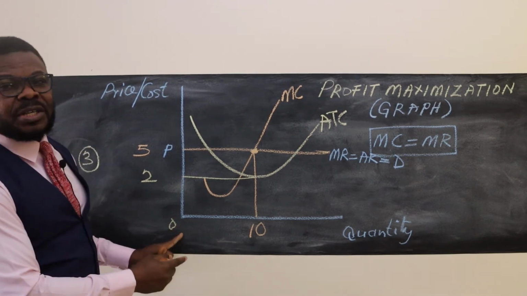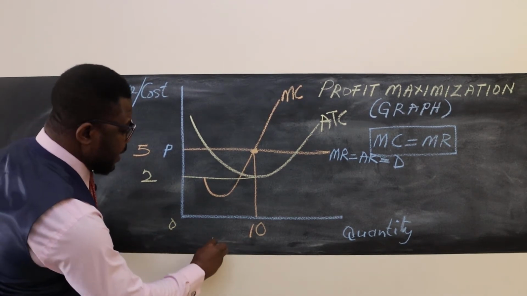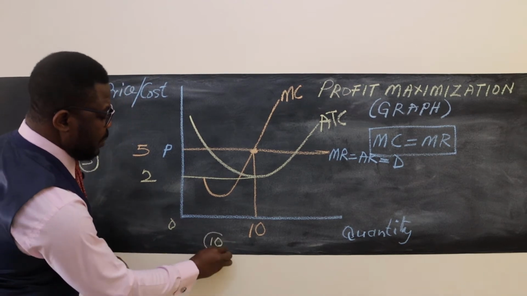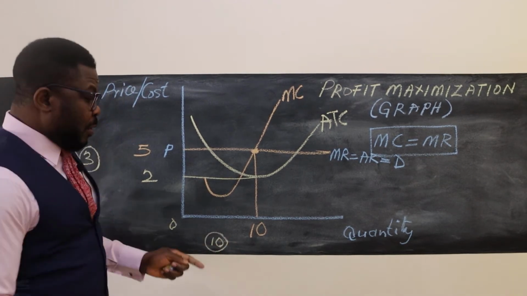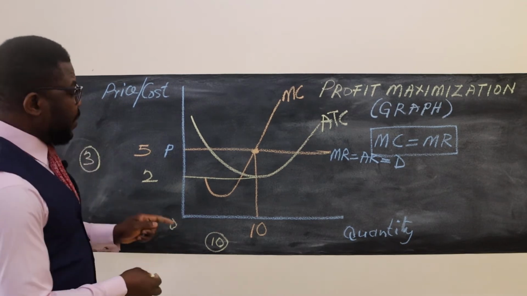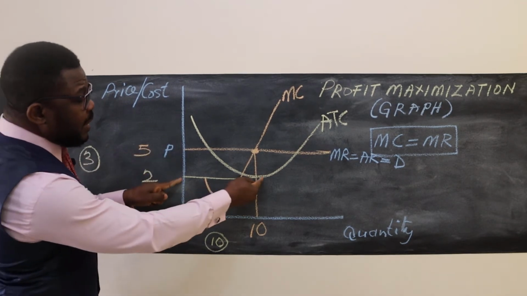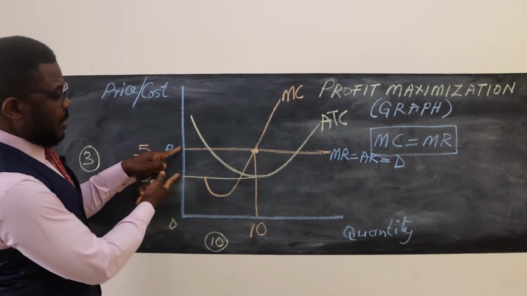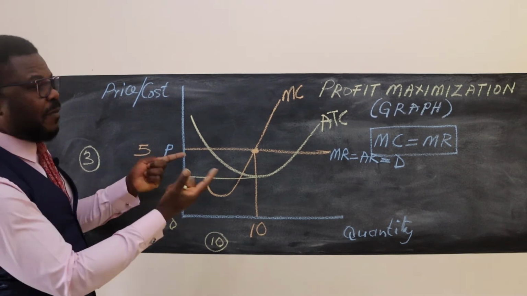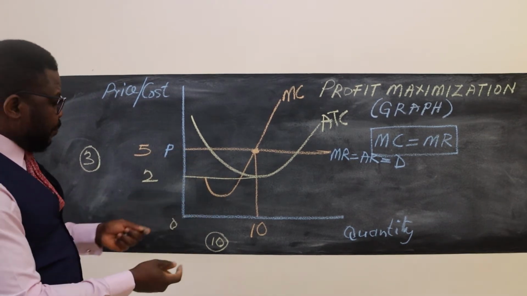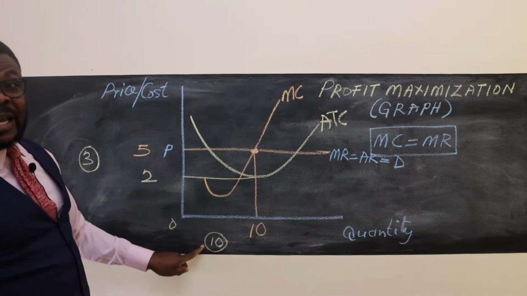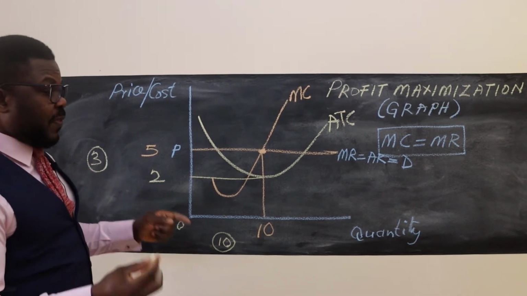What's the difference between 0 and 10? It's 10. Write that down. Mathematically, the length of this triangle times the width of the triangle will give you the profit. Quite straightforward. So that will be 3 times 10, and that will give you 30.